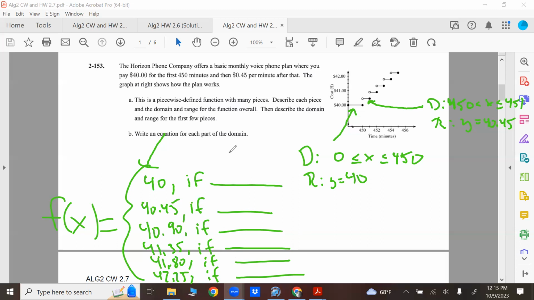And sorry, yeah, 450 was included. The next one's from 450 to 451. And then you just keep trading off the equal signs. It becomes kind of robotic at this point.